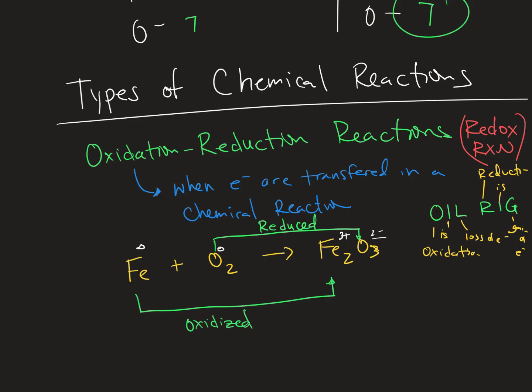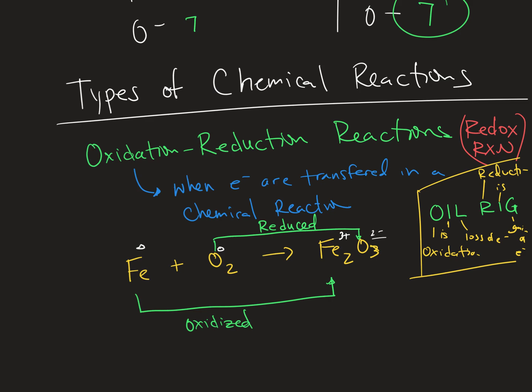So reduction is gain? Yeah. That doesn't make any sense, does it? But if it gains electrons, what happens to its charge? It goes down. You with me? So it's a reduction in charge. I don't use this, guys. It confuses me. But you do have to know what happens to the electrons.